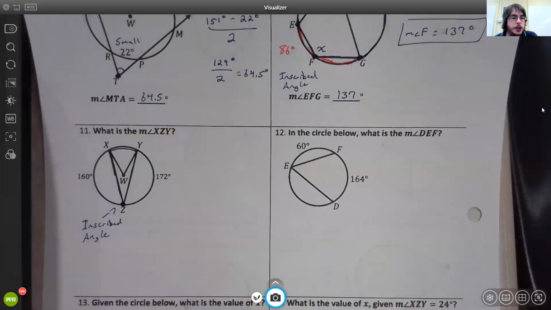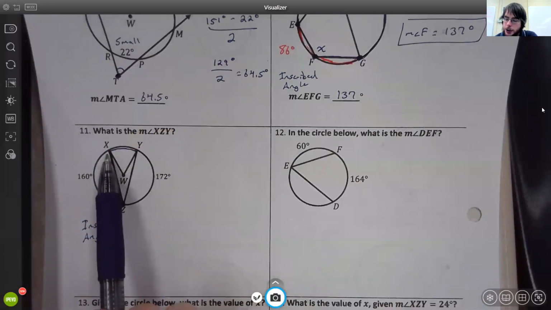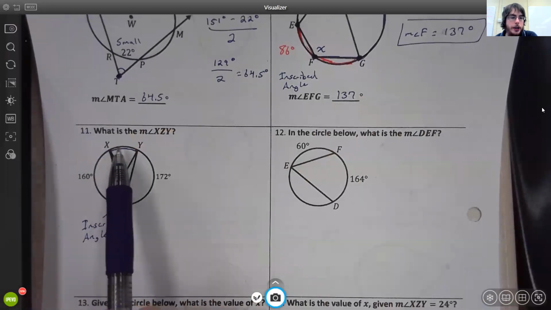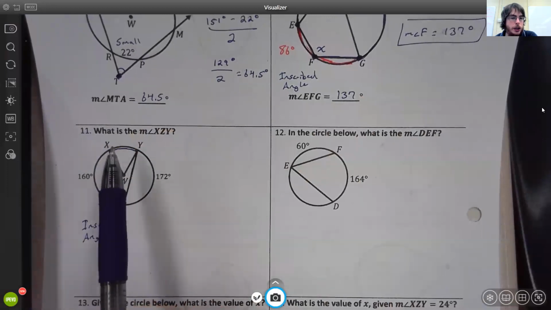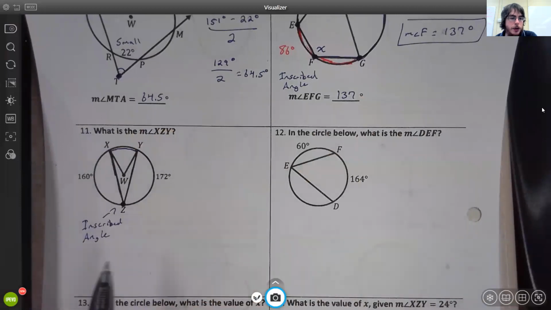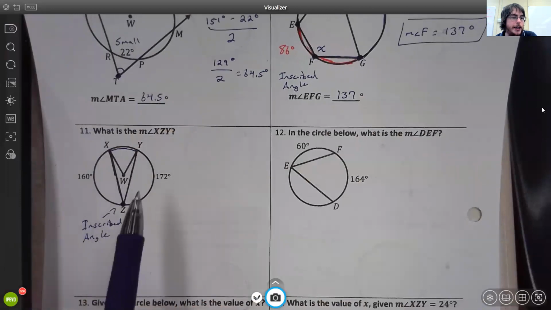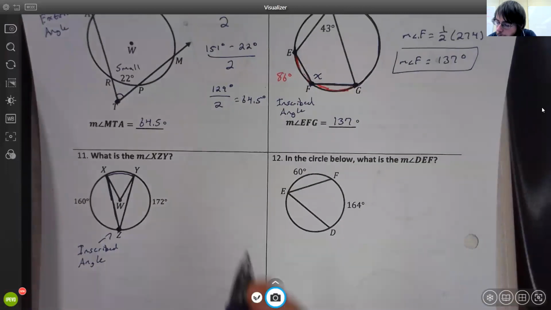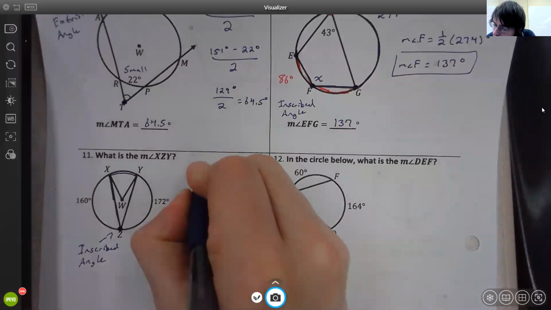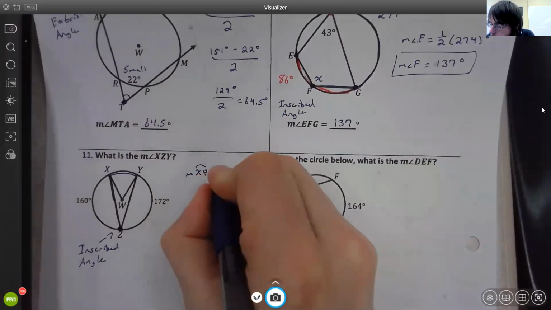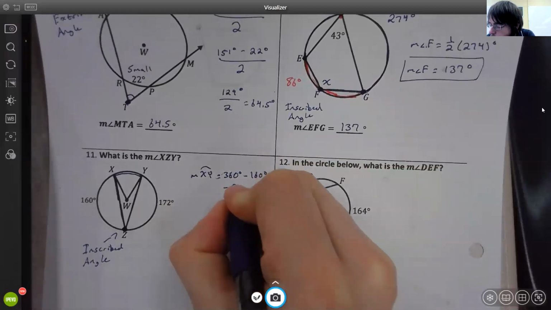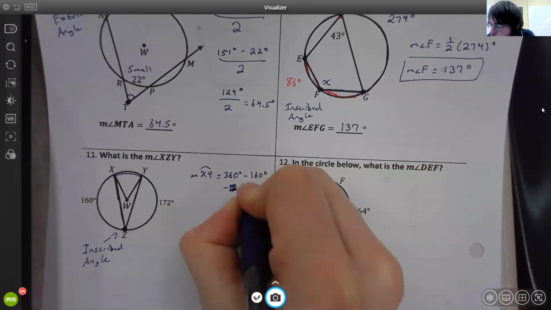So how are we going to determine that? Well, you should notice that there are two arcs that are labeled here. And when added with that third one, they make up the entire circle. So that means to determine what the measure of arc XY is, we need to take 360 and subtract both of those. So the measure of arc XY is equal to 360 minus 160 minus 172.